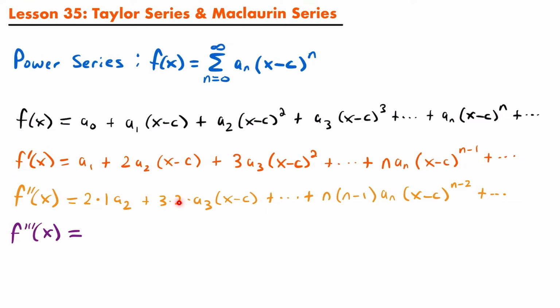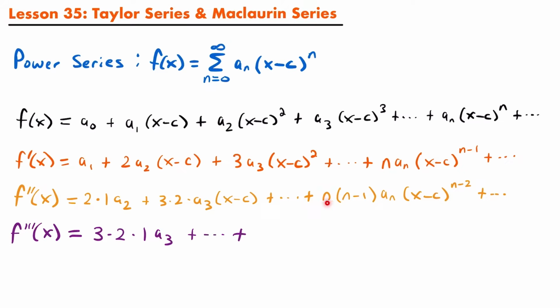We have 3 times 2 times a sub 3 times x minus c to the first power. We'd multiply that first power down, subtract 1 from that power, and so we'd have x minus c to the power of 0, which just becomes 1. So all we're left with is 3 times 2 times 1, that power we multiplied down, times a sub 3, and then we'll add up to our nth term.